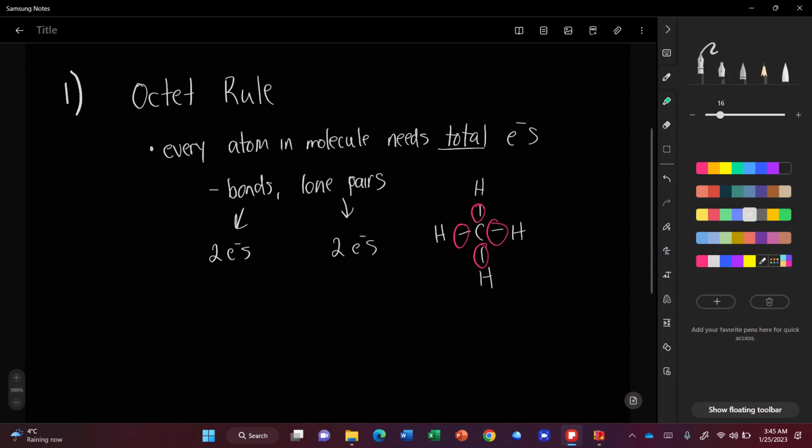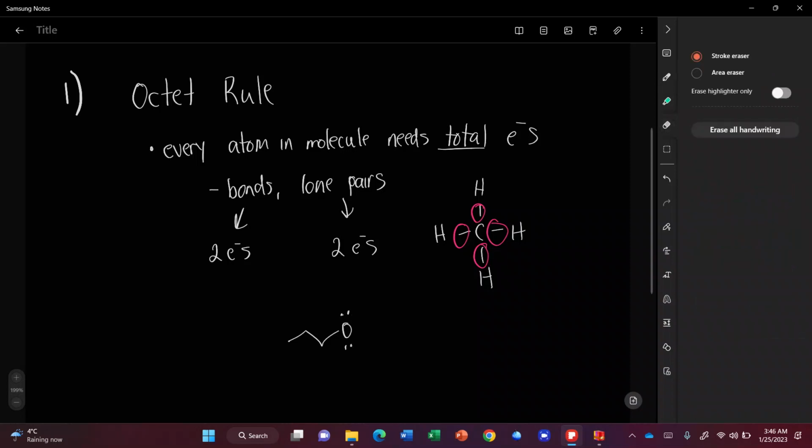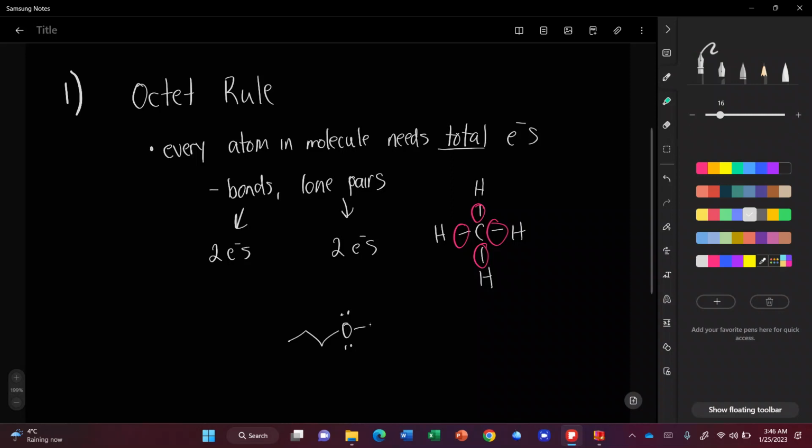But again, if I'm drawing another molecule, maybe I can draw a molecule of 1-propanol. I'll actually draw the bond to hydrogen so it's easier to see. The oxygen here is following the octet rule: I have 1 bond, lone pair, lone pair, so that oxygen has 2, 4, 6, 8.